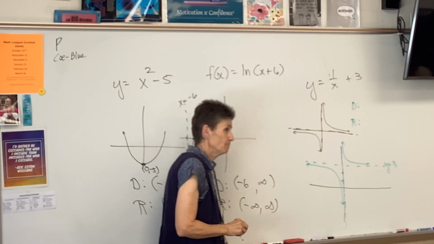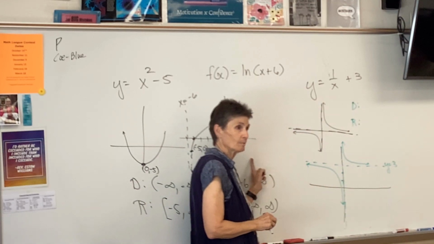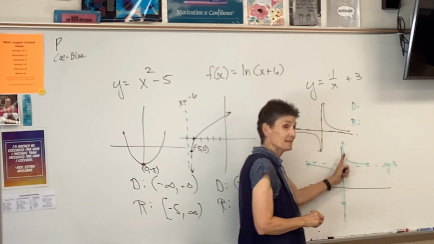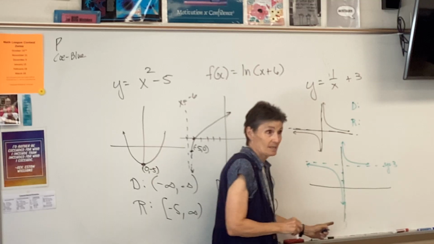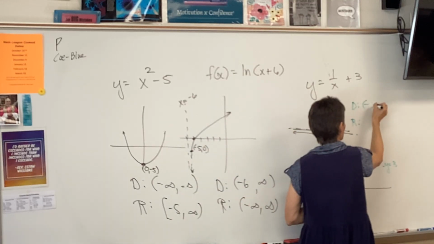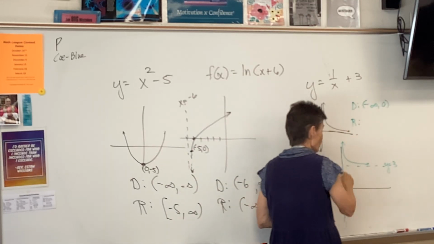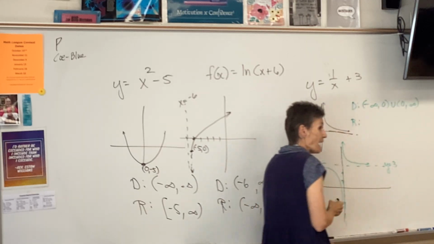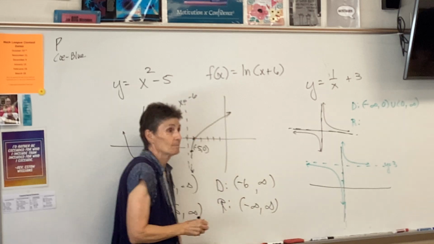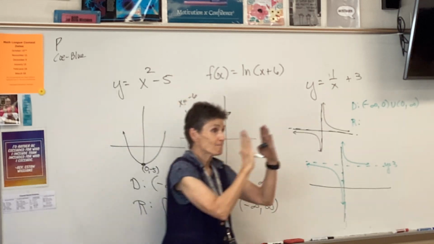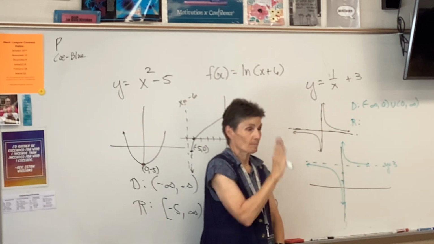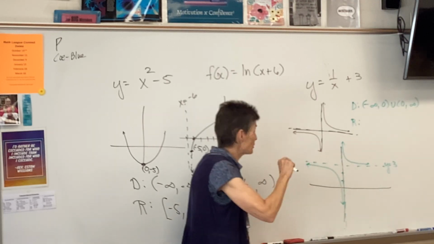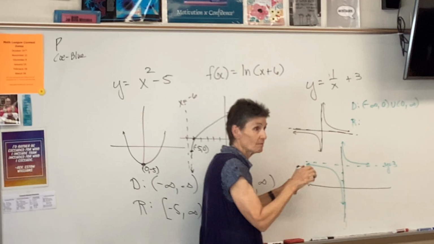All right, domain and range. Now be careful. Does this go all the way to the right and the left? It does, but it gets split. So we're gonna have to go negative infinity to 0, and then 0 to infinity. That is our domain. x is everything except 0. And range is everything except positive 3.